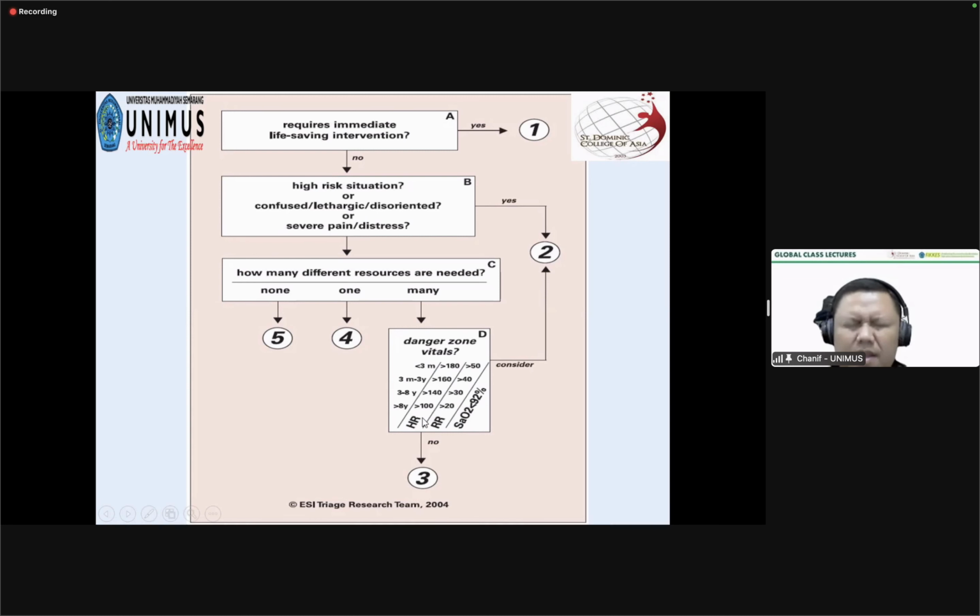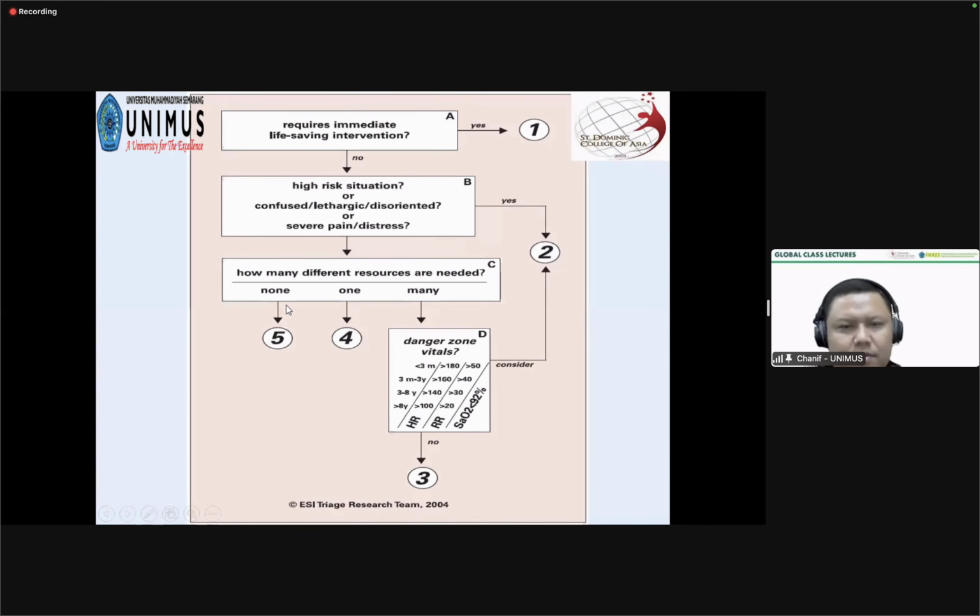And the last one to determine in this ESI model is we can ask how many different resources are needed for a patient. If many resources are needed, we can give level 3. If only one, we give level 4.